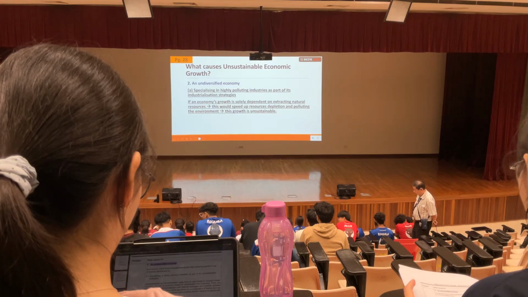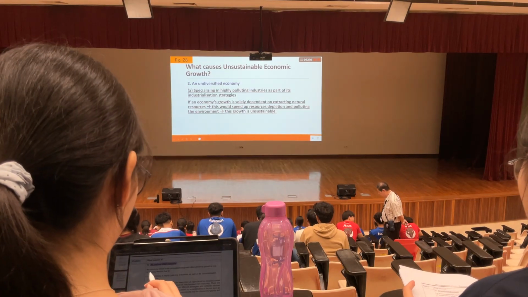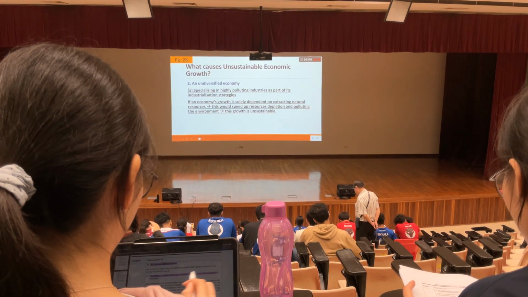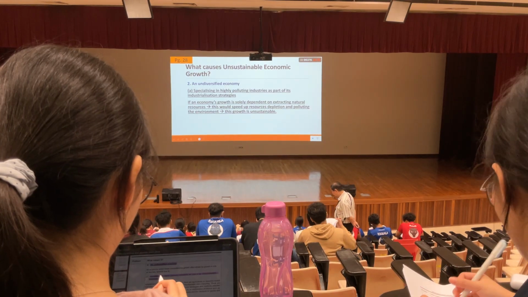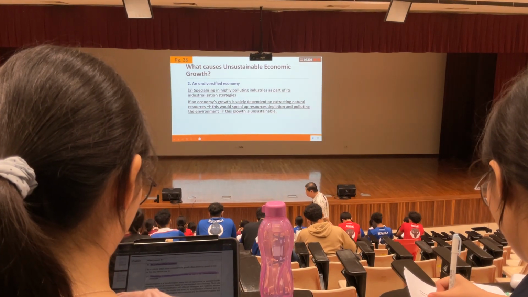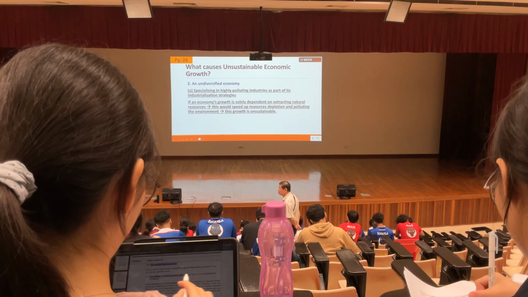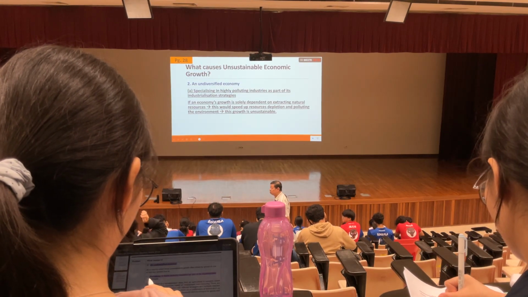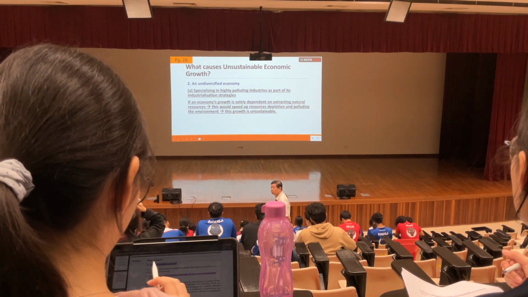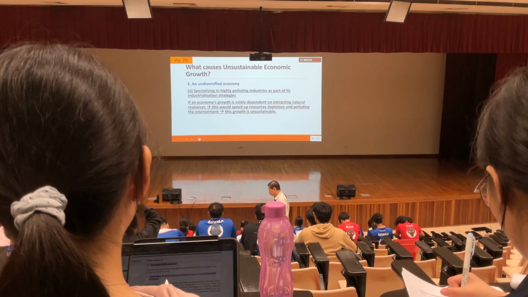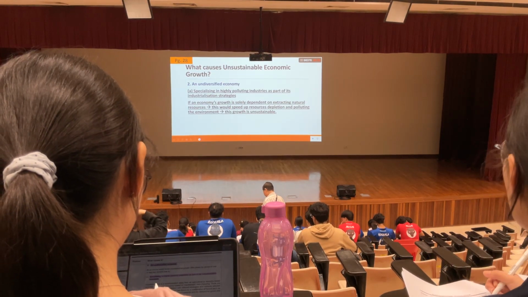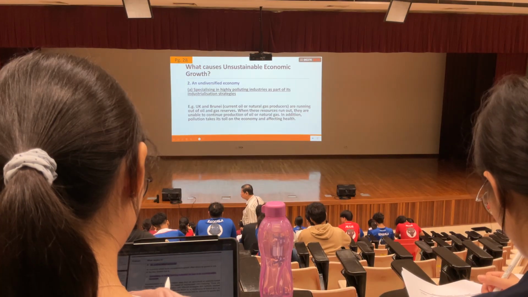So in this case, the growth is unsustainable. This whole point is just saying that if the economy is focusing or specializing in highly polluting industries to stimulate growth, then this growth is unsustainable. Okay? Quite intuitive, this one.